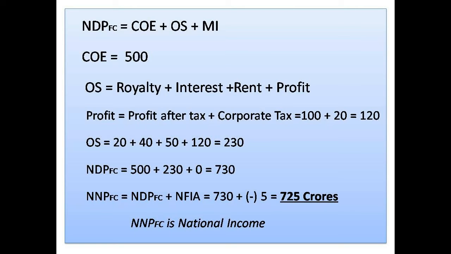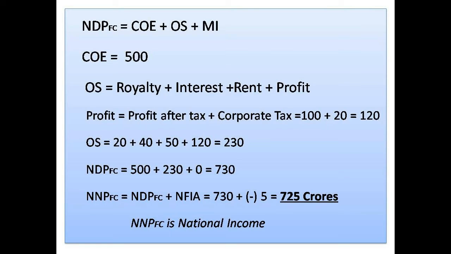So 100 plus 20 is equal to 120. So 120 is actually profit. So let us now go on to the calculation of operating surplus or OS. Royalty is 20 plus interest is 40 plus rent is 50 plus profit is 120. So we get 230. So 230 is actually our OS.